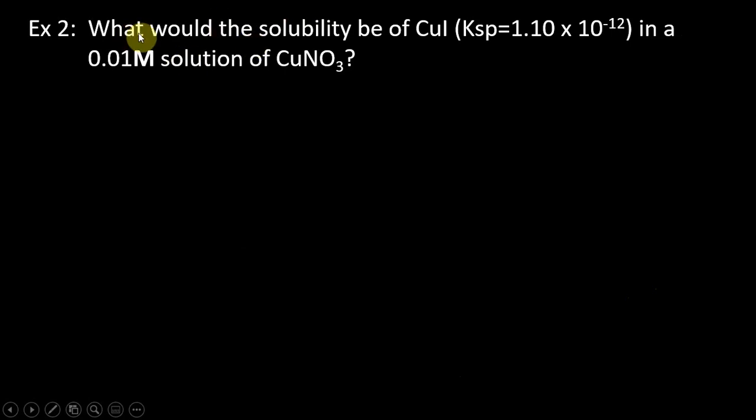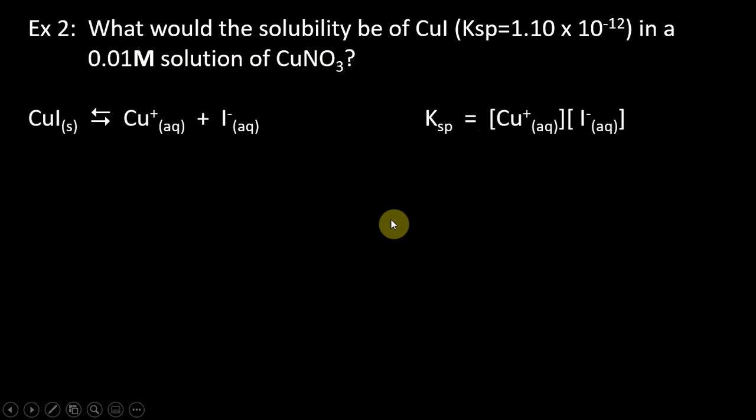All right, how about the solubility of copper(I) iodide, which has a Ksp of 1.1 times 10 to the minus 12, and we put that in a 0.01 molar solution of copper(I) nitrate. Okay, same idea. We set up our equilibrium.